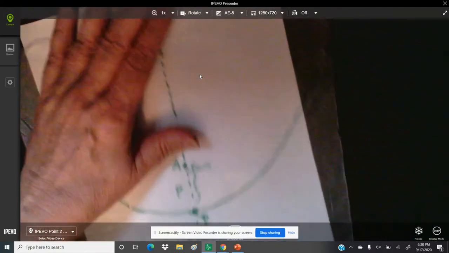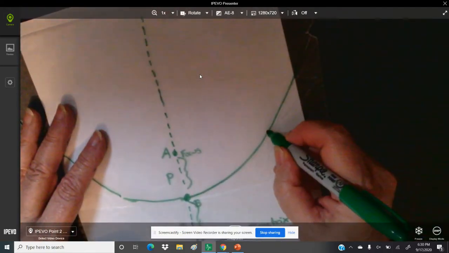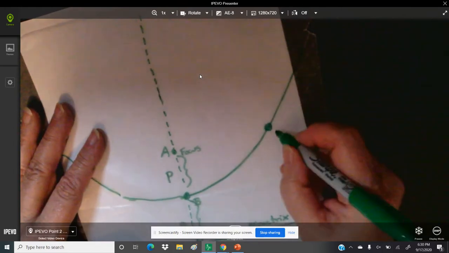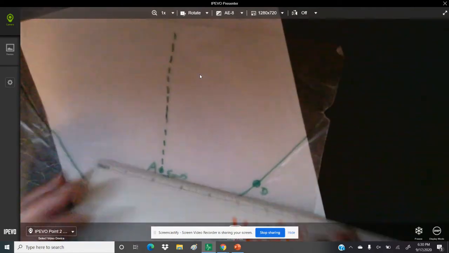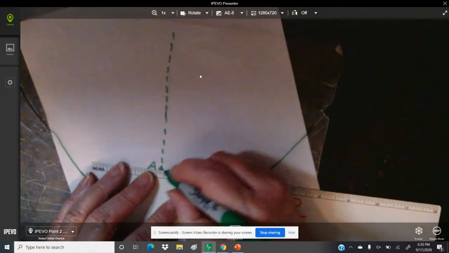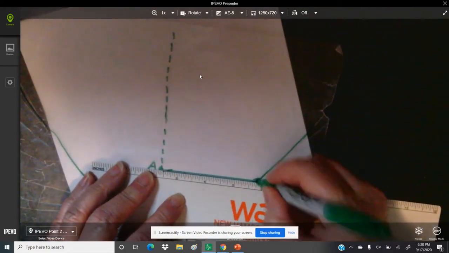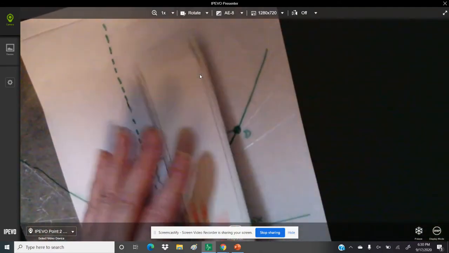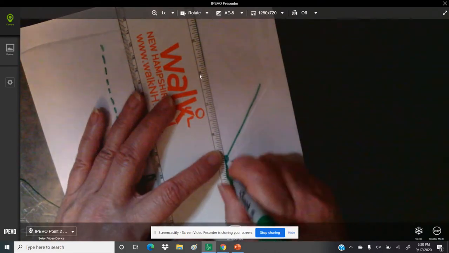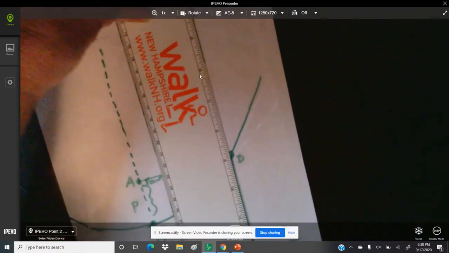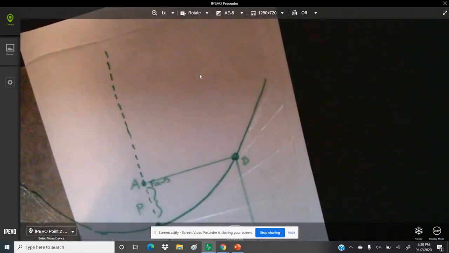But the other thing that you want to see is that it says to put a point D anywhere on your curve. It doesn't really matter. And then you're going to draw a segment from A to D, and then perpendicular from D to your directrix. And then you're going to measure that distance.